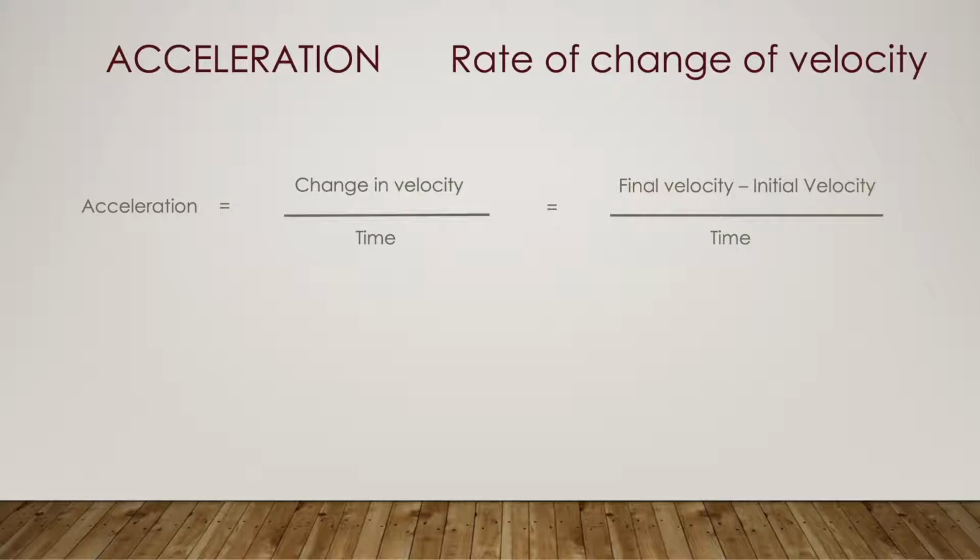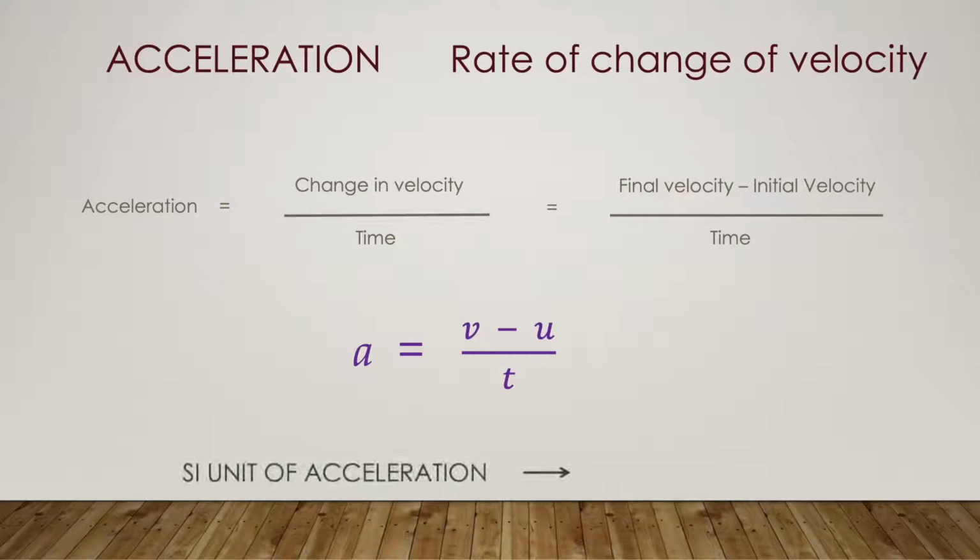So if a is the acceleration, v is the final velocity, u is the initial velocity, and t is the time, the acceleration a would be equal to (v - u) / t. And since change in velocity is measured in meters per second and time is measured in seconds, the SI unit of acceleration would be meters per second per second, which is equal to meters per second square.